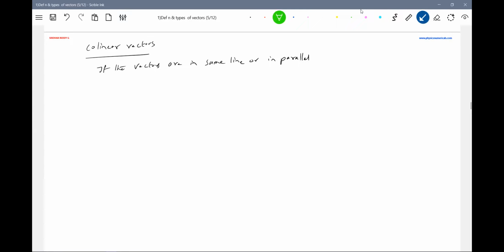So two vectors, if they are parallel, or they can be like this, even if they are opposite to each other.